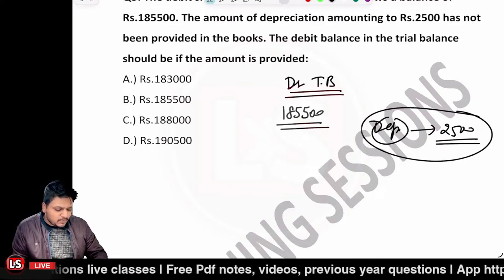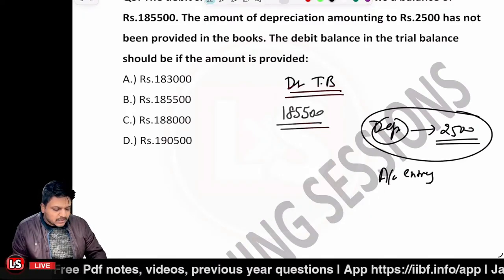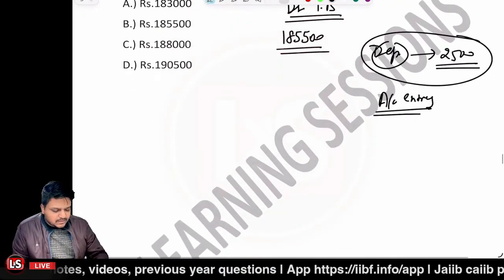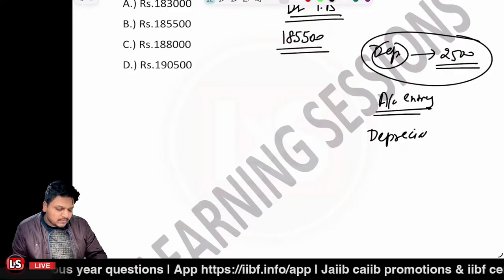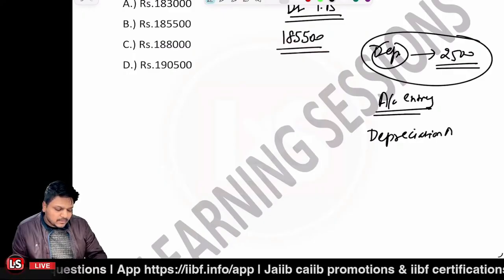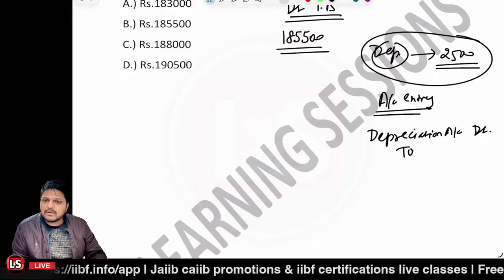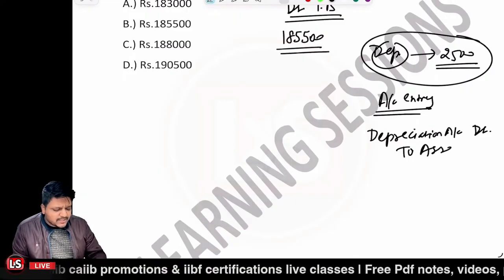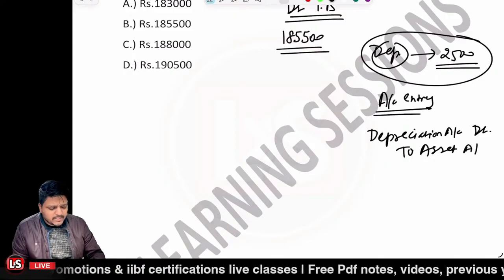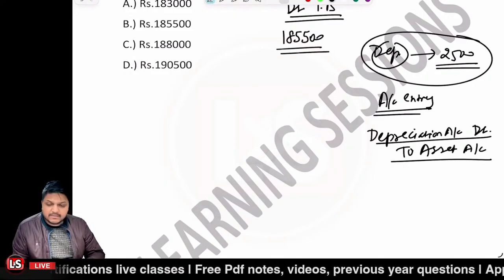So the accounting entry must have been: debit the depreciation account. Which account is to be credited? Asset account, because it is charged on the asset. So asset account would be credited, right? That should have been the journal entry.